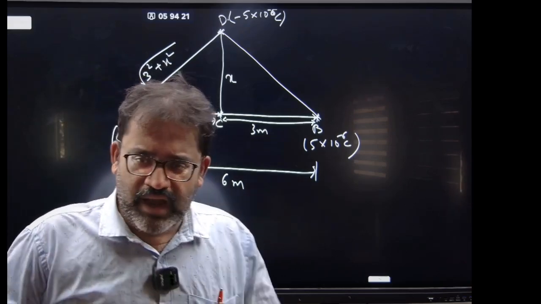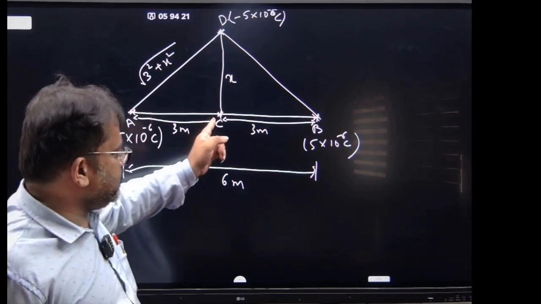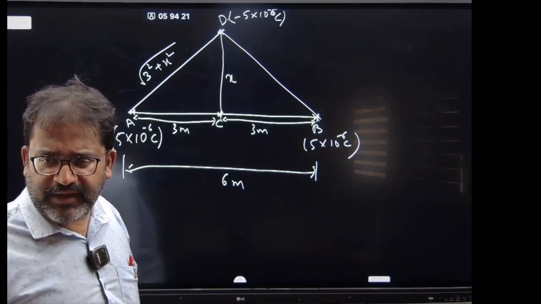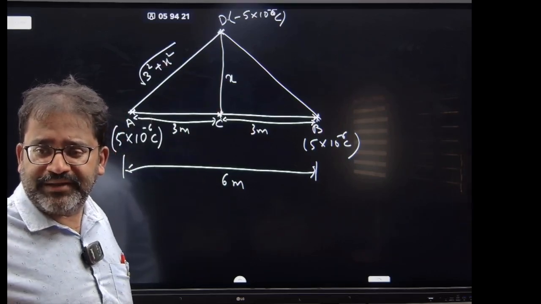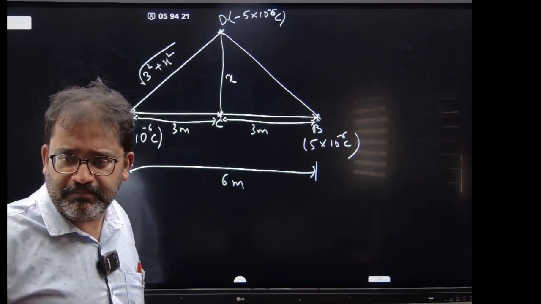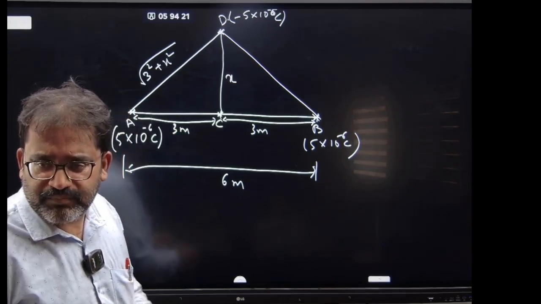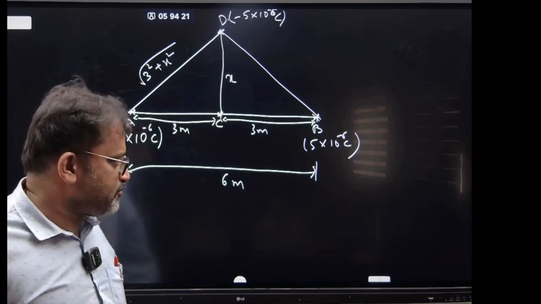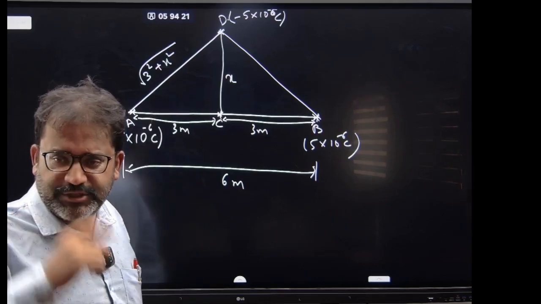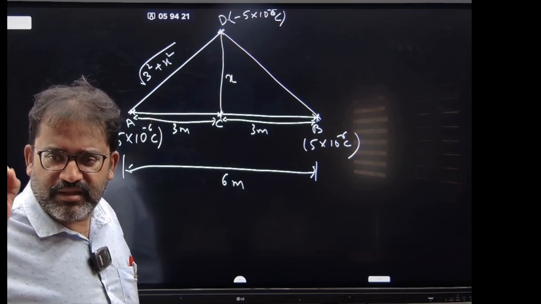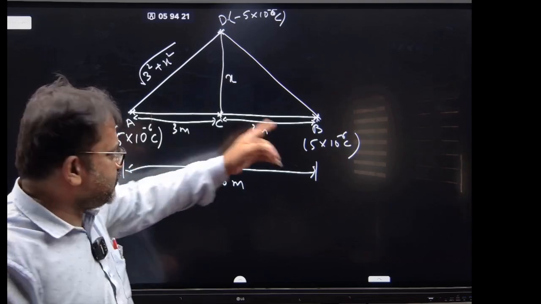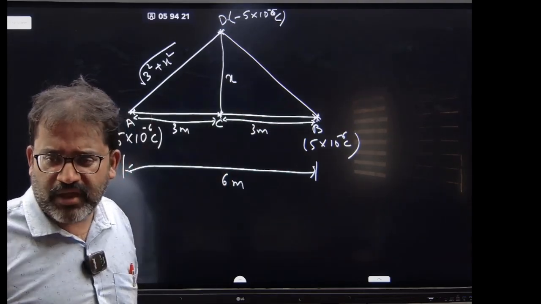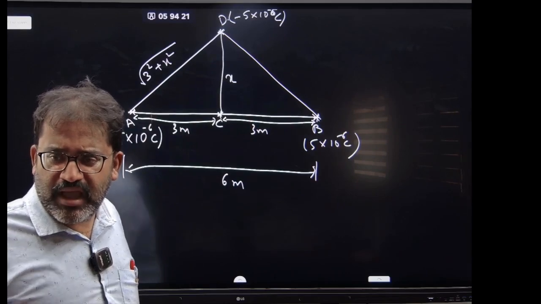Very good. Now, when the charge was present at C, the charge would experience electrostatic potential energy. What is electrostatic potential energy? The energy spent or the work done in maintaining the configuration of the charge is called electrostatic potential energy.